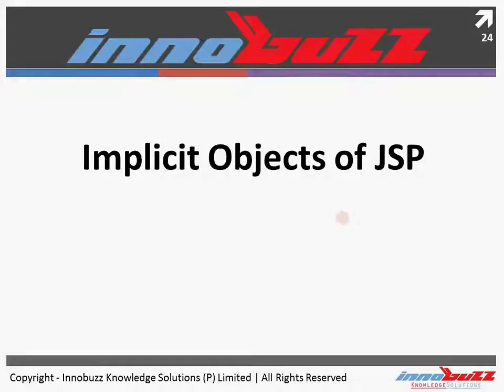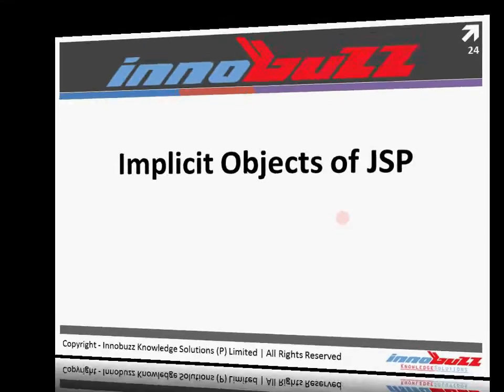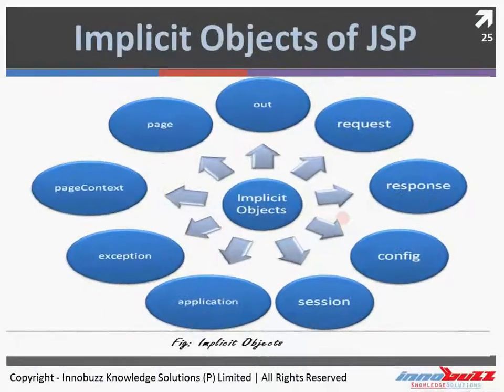Next we have implicit objects of JSP. So here you can see the implicit objects. There are 9 implicit objects in the JSP which you can use in your JSP page.